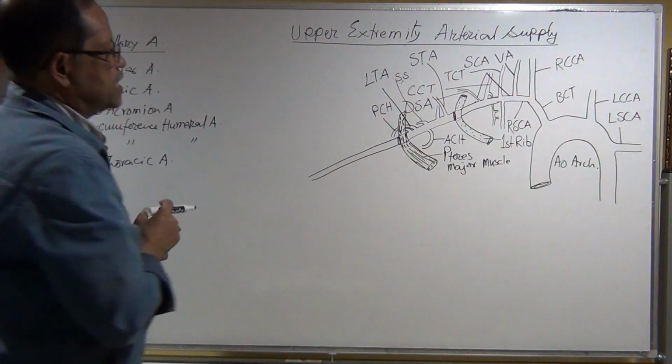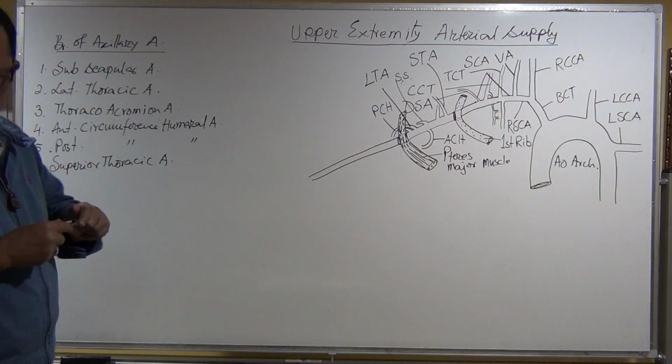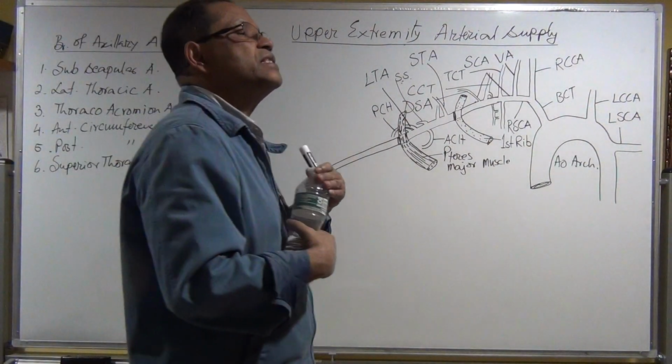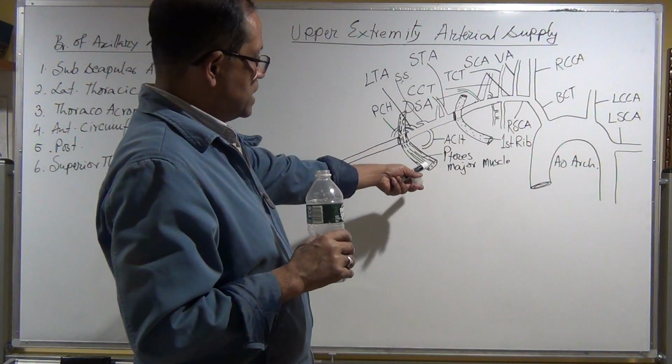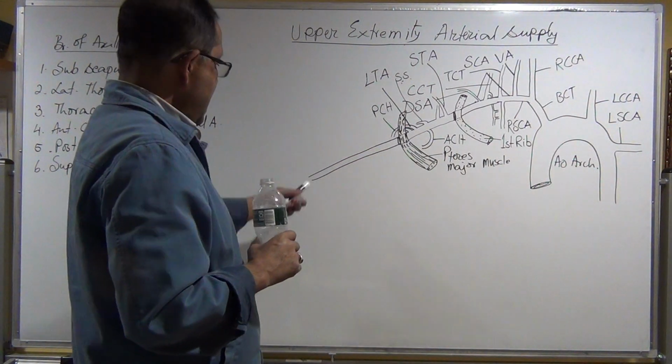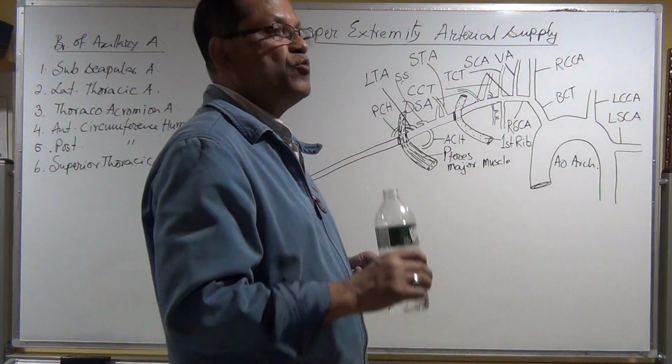So now, when the axillary artery ends, the brachial artery starts. So this is the brachial artery. The brachial artery is in the arm. It starts from the outer border of the teres major muscle and it ends at the cubital fossa.